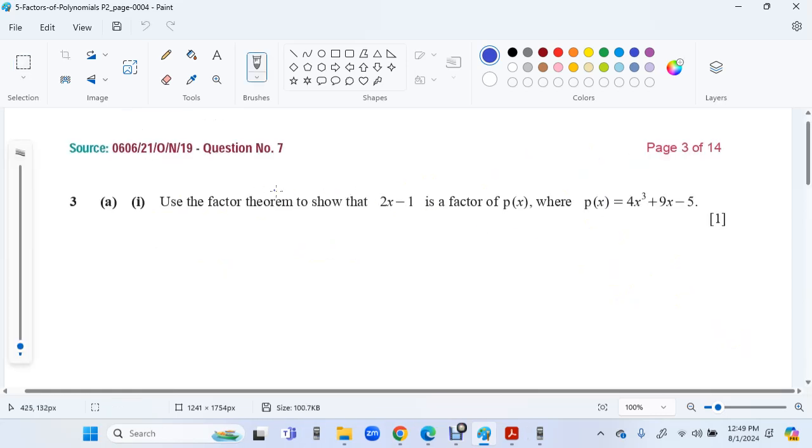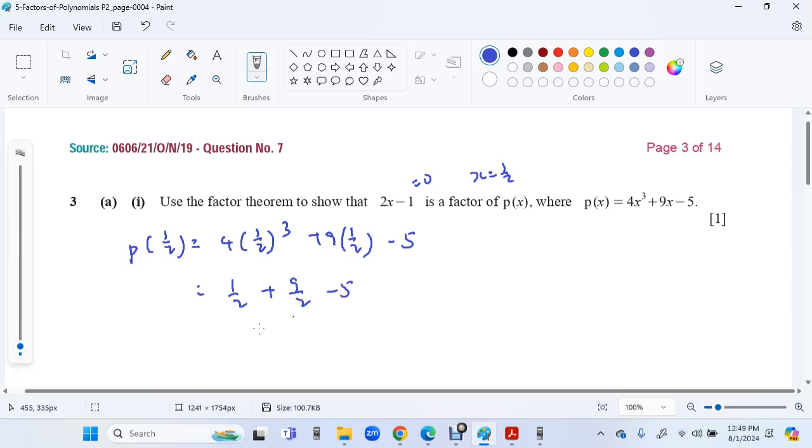Question number 3, use the factor theorem to show that this is a factor of p(x). So this is equal to 0, then x equals half. So p of half is equal to 4(half) cubed plus 9(half) minus 5. So it is 1 over 2 plus 9 over 2 minus 5, then 0.